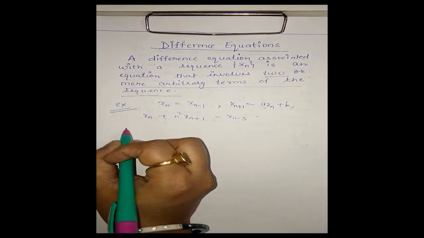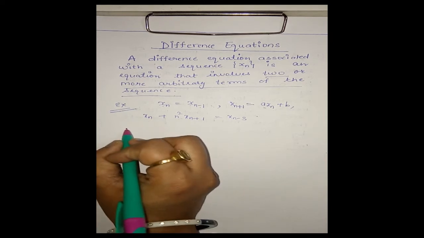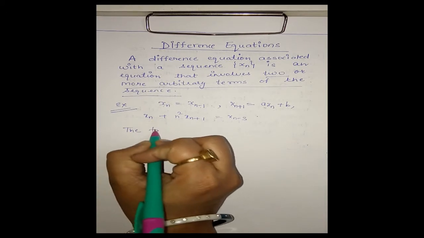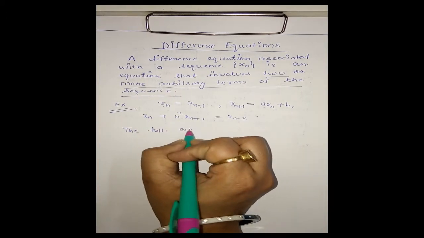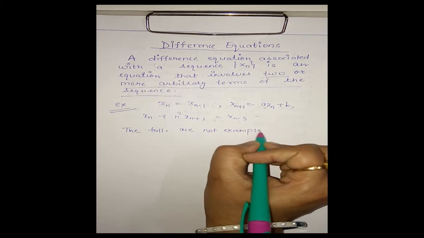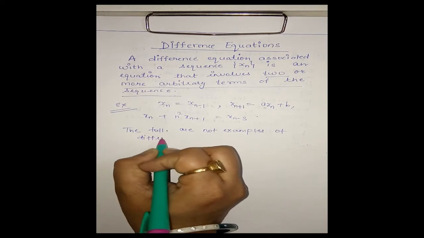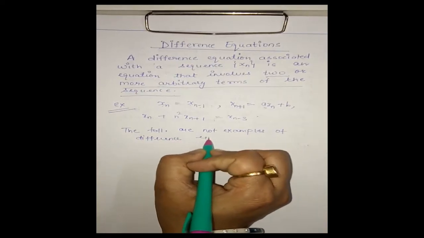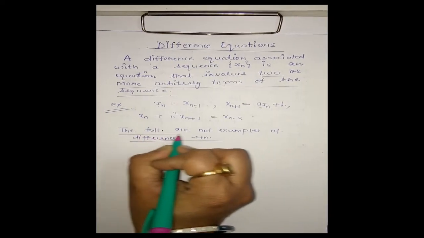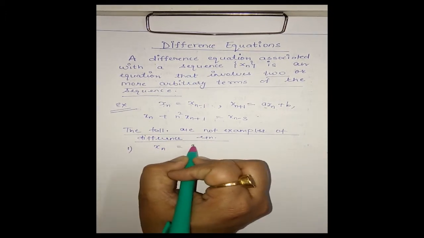Now I will give you some examples of equations which are not difference equations. The following are not examples of difference equations. For example, first xn is equal to 3.